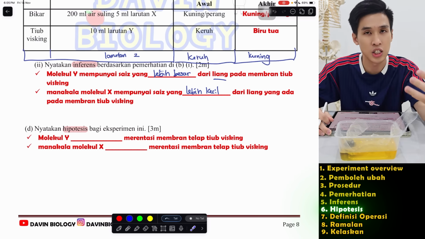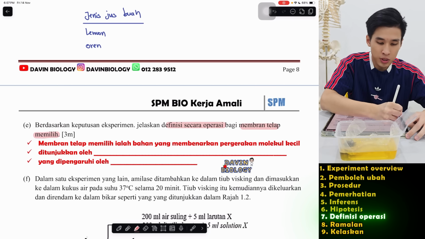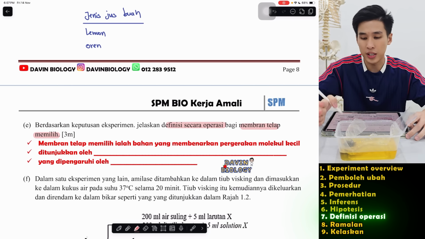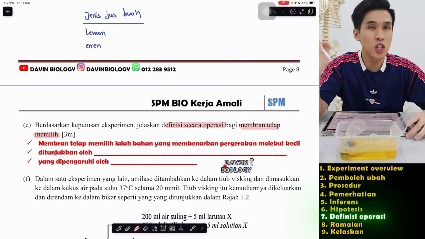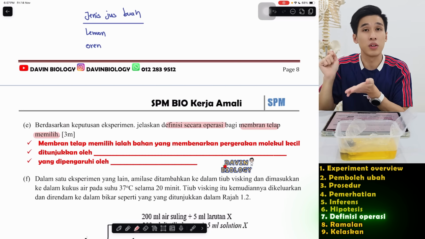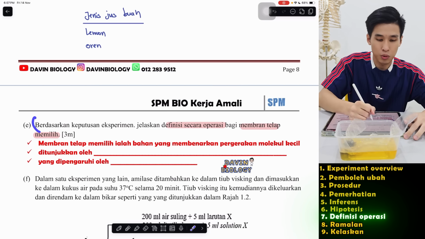Next, most of you also kepala sakit one. Definisi Operasi for membran telap memilih. So for this experiment, most likely they will ask definisi operasi untuk membran telap memilih. Now for those who still don't know, definisi operasi is not like write the definisi from your textbook. No. The definisi must be berdasarkan keputusan eksperimen.